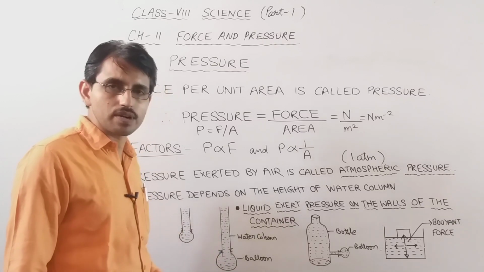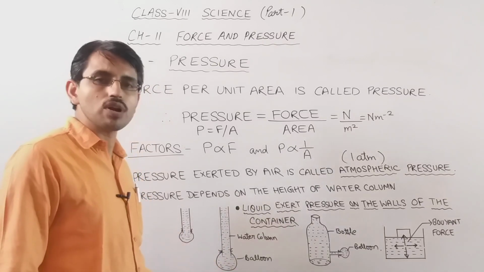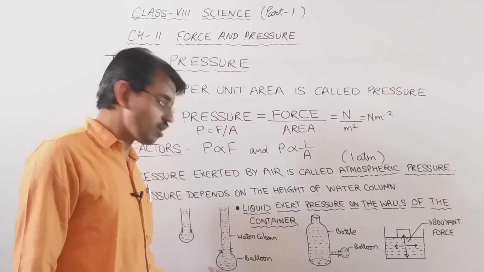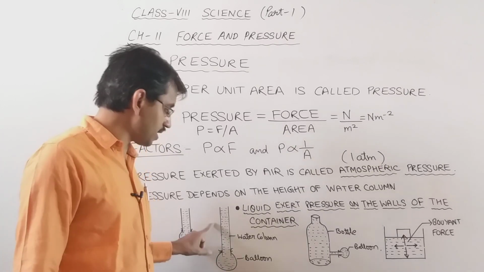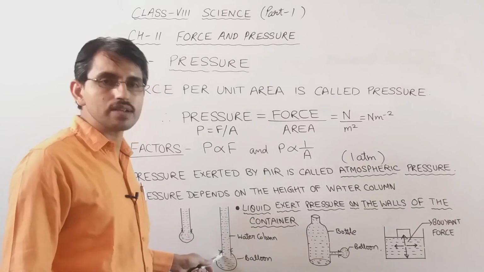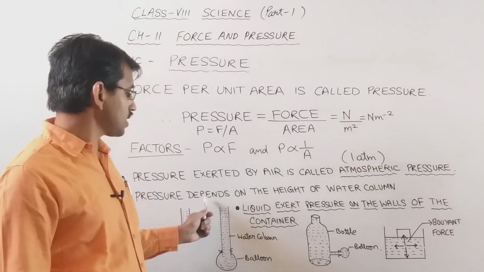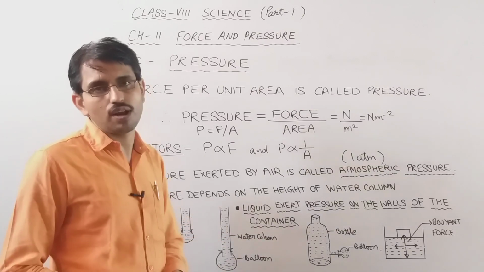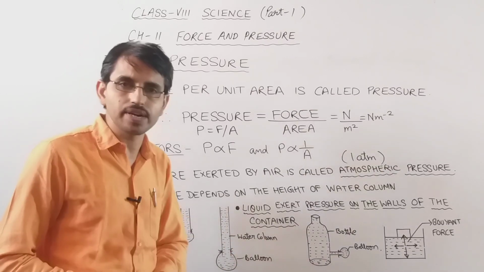Both are filled with water. So you can see the inflation of the balloon. Though the balloons are of the same size, the inflation of the balloon is more in this case as it has a longer water column. So pressure exerted by the fluid depends on the height of the water column. This is clear from this simple activity.